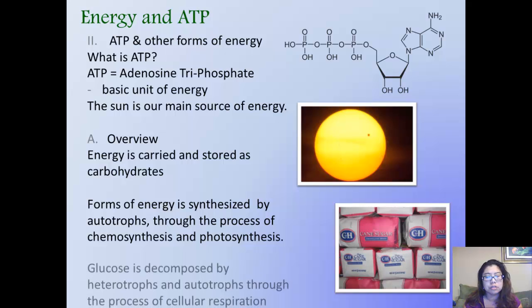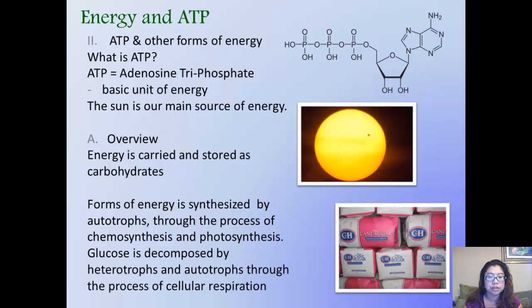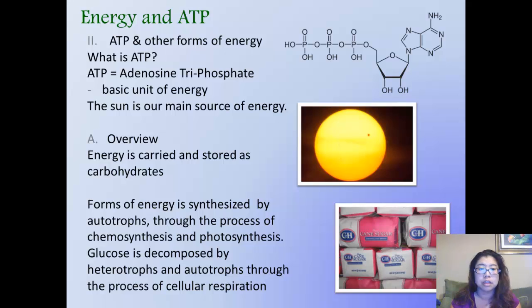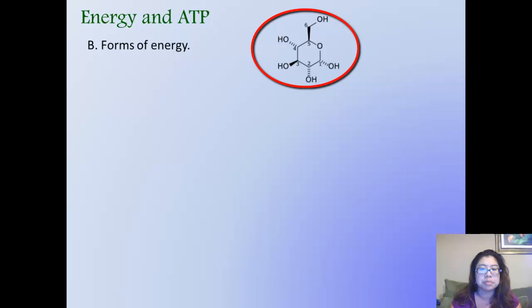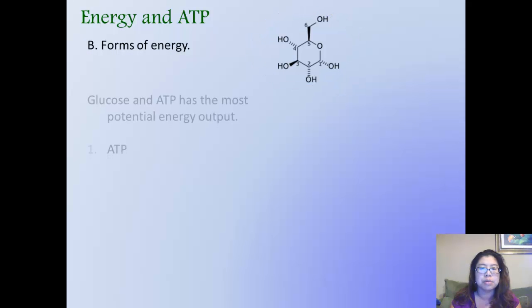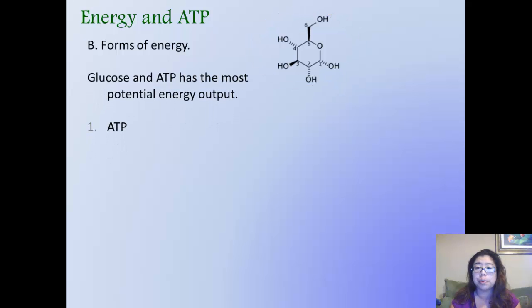Once it's made, glucose is a common form of energy stored as a type of carbohydrate. It is decomposed by heterotrophs and autotrophs through the process of cellular respiration. So here are the various forms of energy possible. Glucose and ATP have the most potential energy output, and it's very efficient.